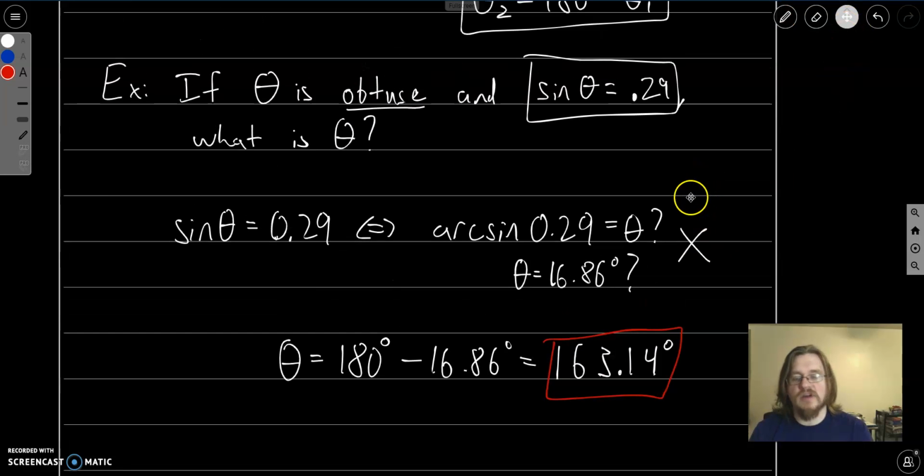I am primarily going to focus on angles that show up in triangles. And in a triangle, we might have acute angles, we might have right angles, and we might have obtuse angles. So all of our angles are either going to be between 0 and 90 degrees, or between 90 and 180 degrees. And so for the sine function, we have to be a little bit careful.